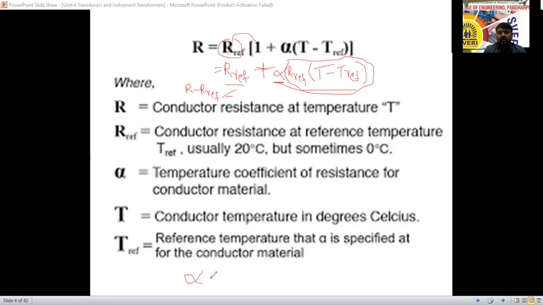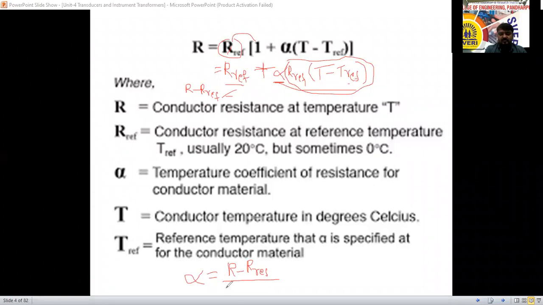So alpha equal to, what is the opposite term here now? R minus R reference. I'll write as it is, R minus R reference, divided by this term we have to write here now.